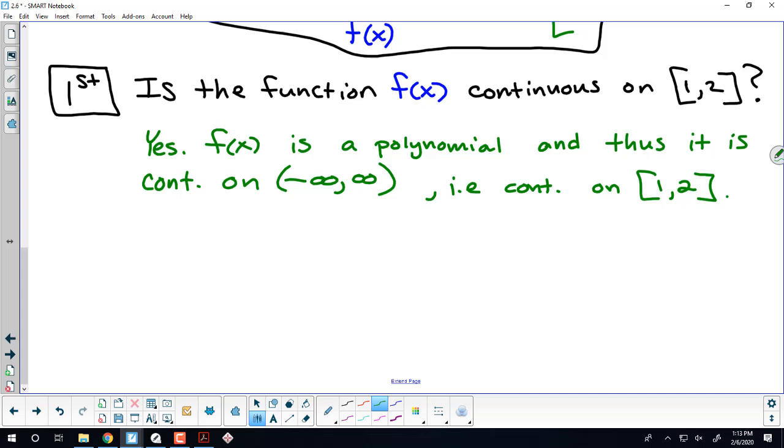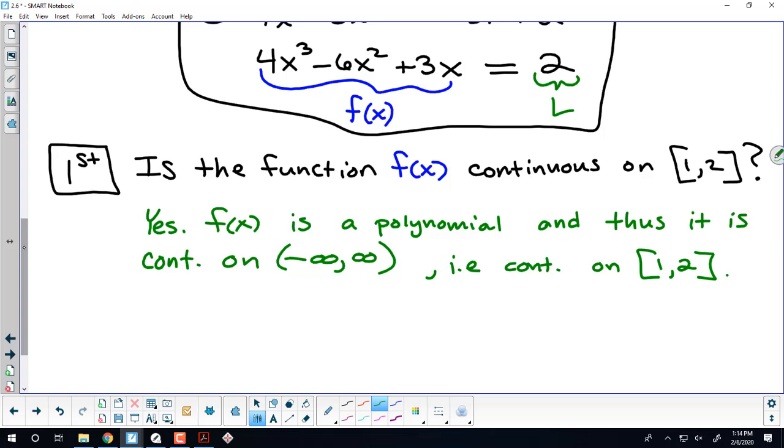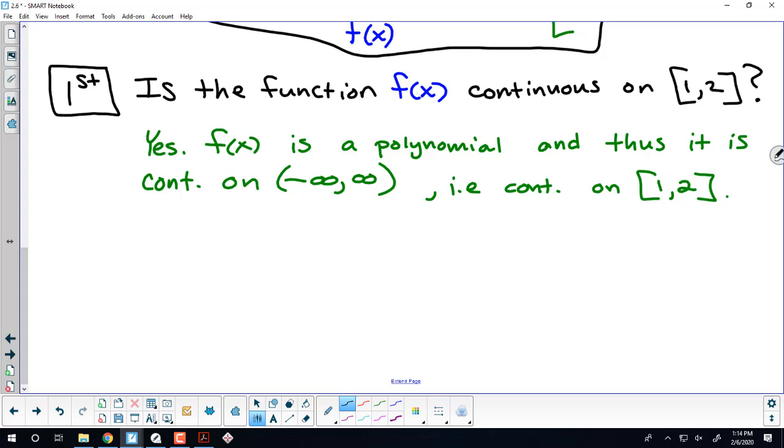Then we can go on to the next statement of the theorem. The theorem says that if L is a number between f of A and f of B, so we're asking, when I compute my function evaluated at 1 and then at 2, is my L, in this case 2, in between those y values that I get? That's the second thing. These are always the steps when you utilize the theorem.